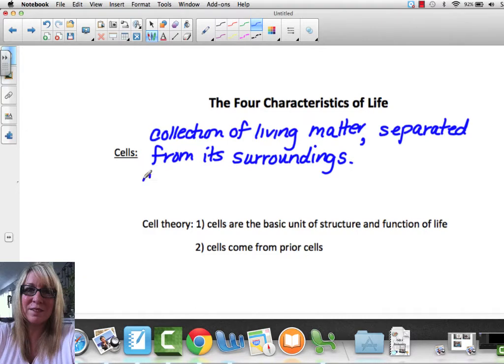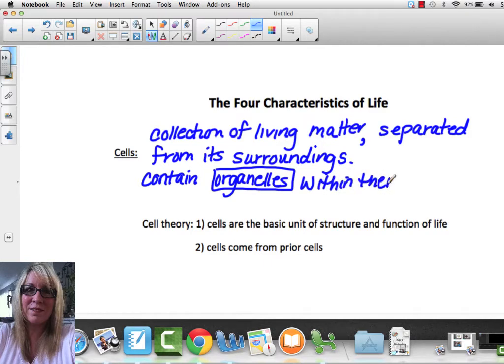And cells contain organelles. And we're going to spend a lot of time learning the parts of cells and those organelles within them to complete their life processes.